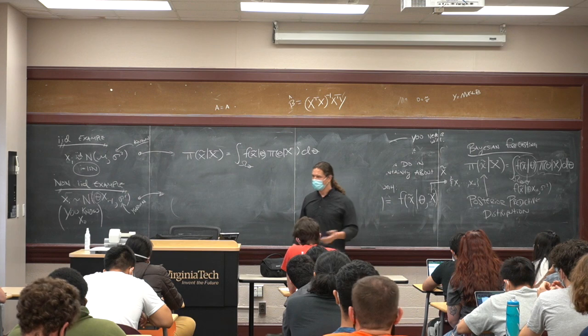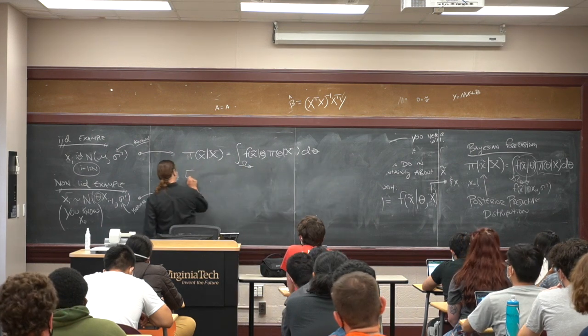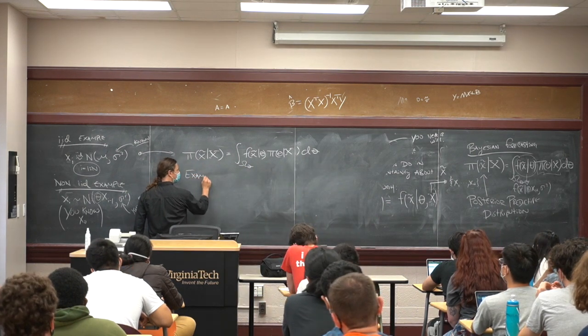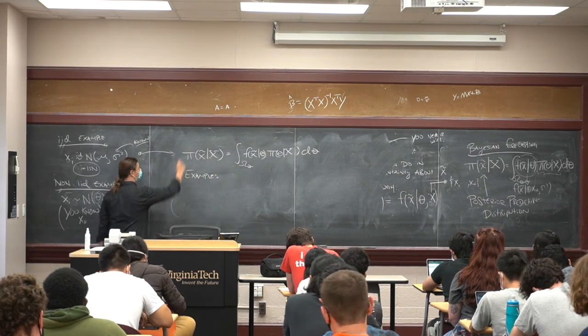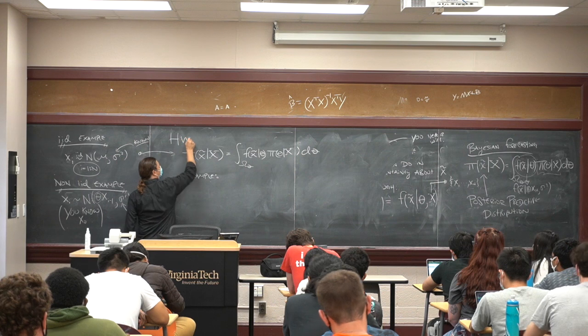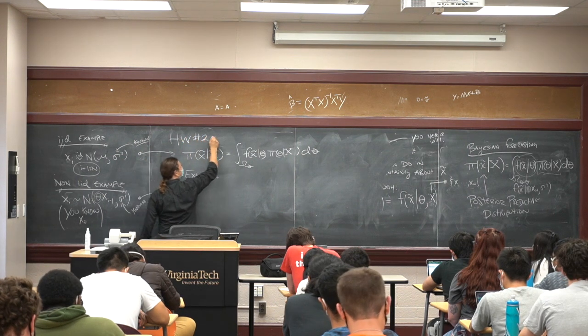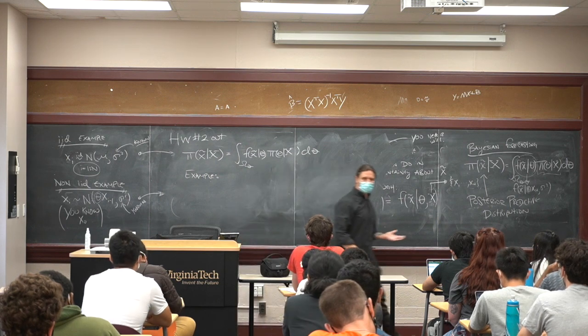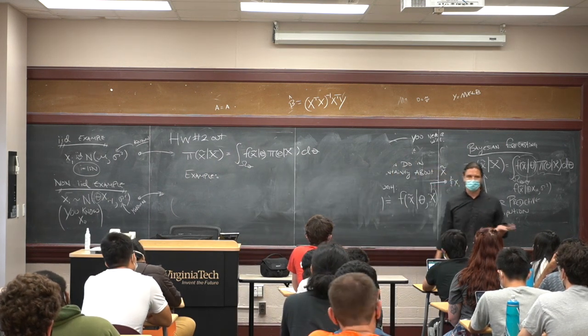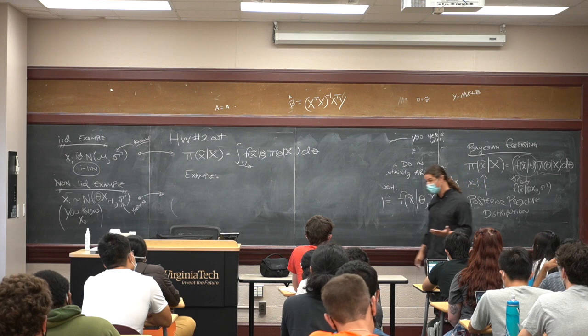Okay. Examples. Let's do an example. This example is on your homework. I should probably mention homework number 2 is out. I didn't bring it with me. We can discuss it next time. This does appear. I do ask you to solve this integral explicitly and run through all the steps.